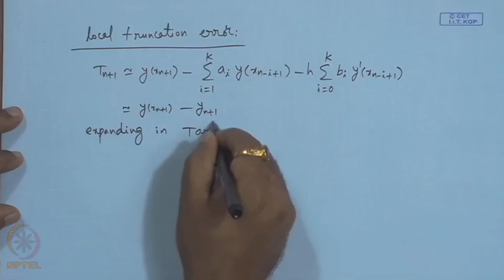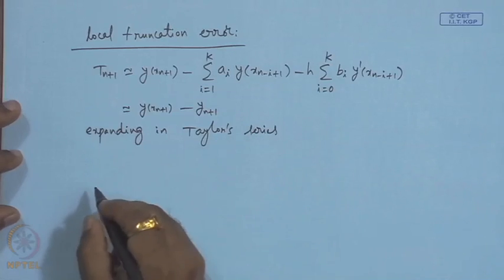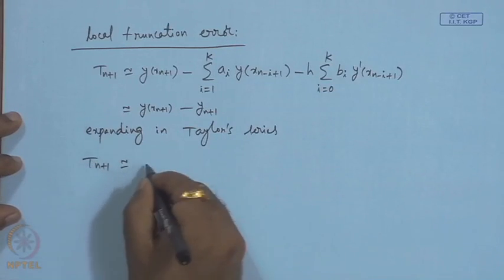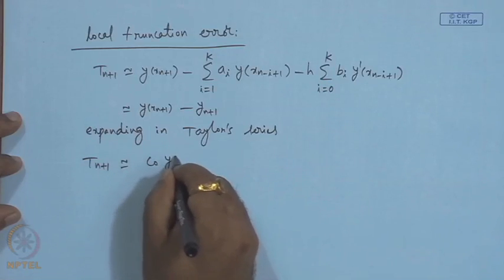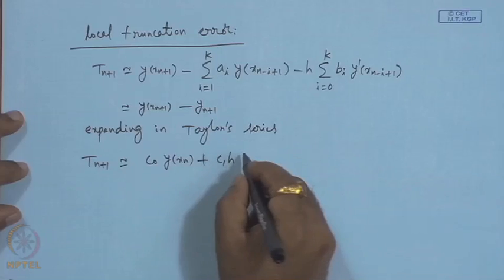expanding in Taylor series, let T n plus 1 be expressed as C 0 y of x n plus C 1 h y dash of x n and so on.